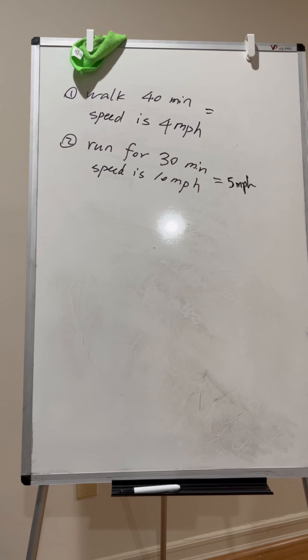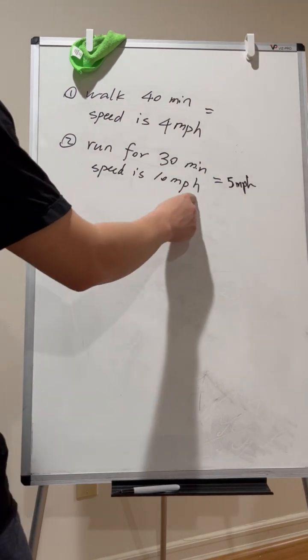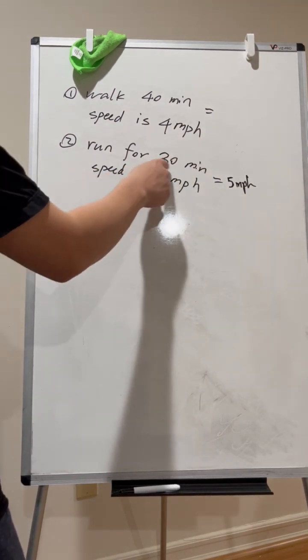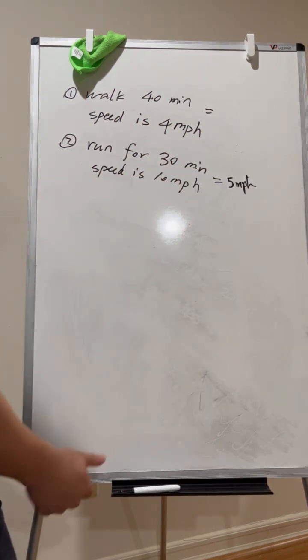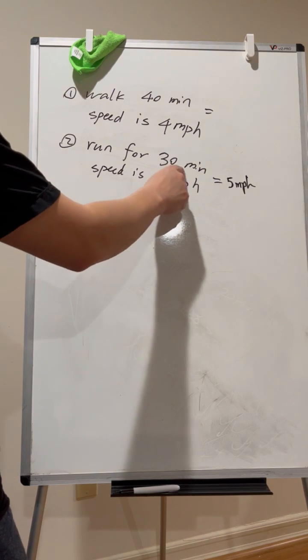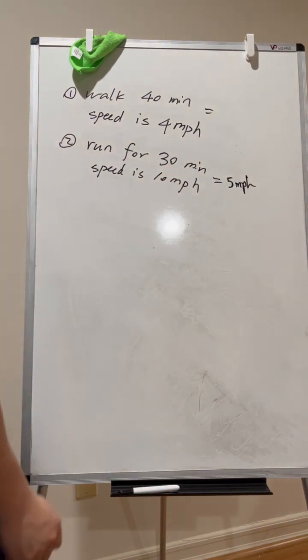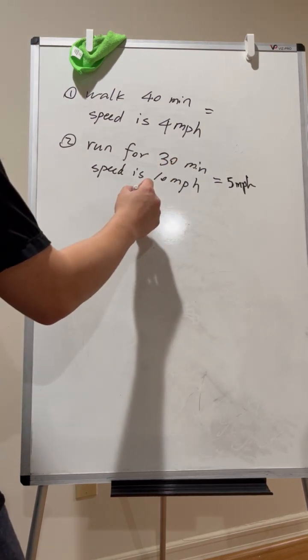Okay, so you're trying to convert the minutes to hours, because here I'm saying 10 miles per hour, the unit is hour. Okay, that's smart. But with the 40, it's harder because this is how many hours? Half. Half, okay. 0.5 hours.